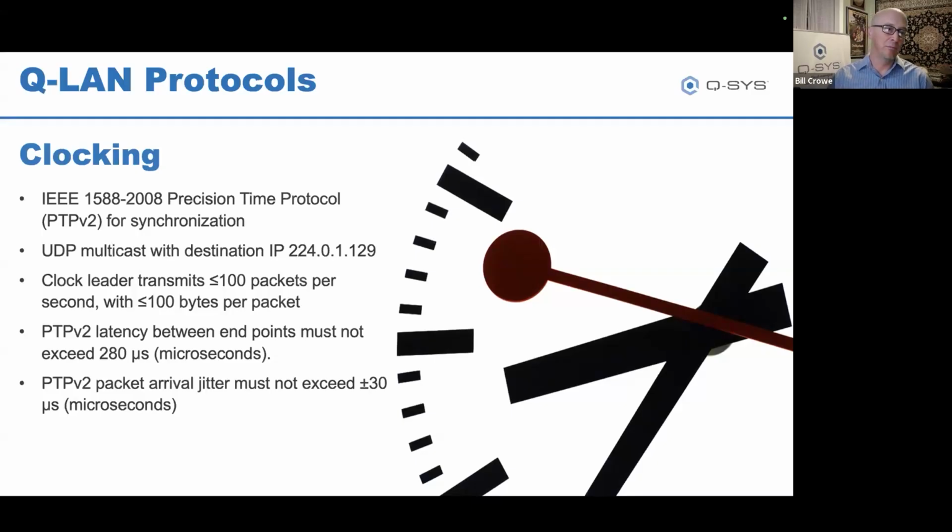So the most important thing to keep in mind when it comes to PTP clocking is the latency. Again, that 280 microsecond latency: these packets have to be able to traverse the network in that time or less. Even more importantly, your network needs to have low jitter. Basically, when these PTP packets are being sent out from the clock master to each of the followers, they are constantly calculating the round trip time in your network, so they can offset and correct for that amount of delay.